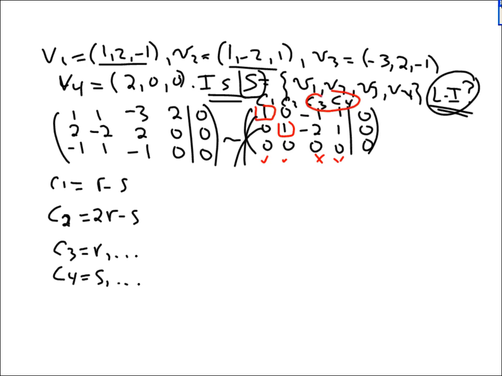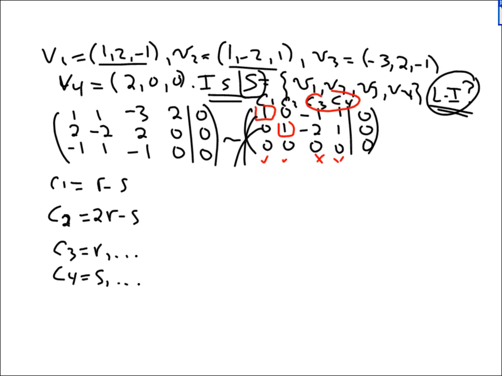After all, 0 minus 0 is 0. 2 times 0 minus 0 is 0. If R is 0 and S is 0, we keep getting zeros. So that is the solution. And I'll tell you this, you made a mistake somewhere if your solution doesn't include the 0 vector. So what other vectors might work?